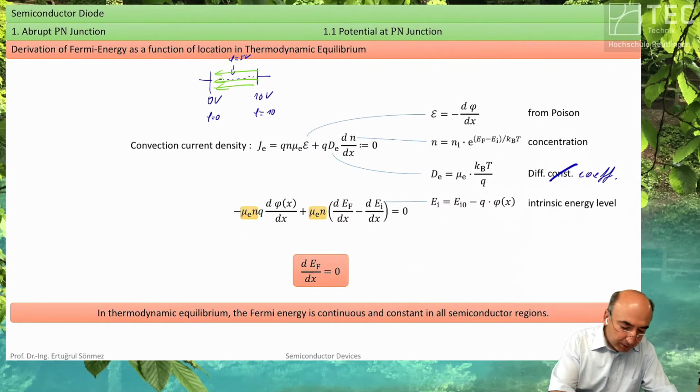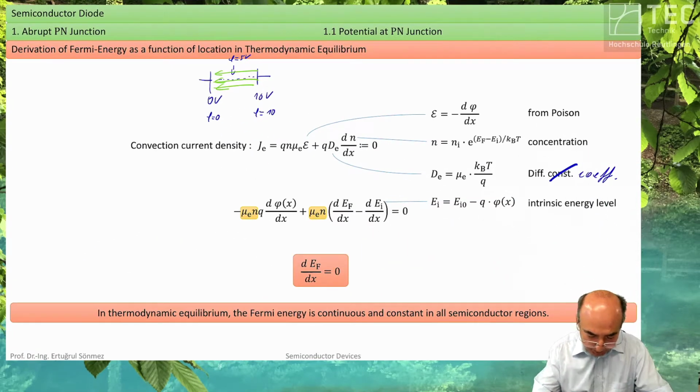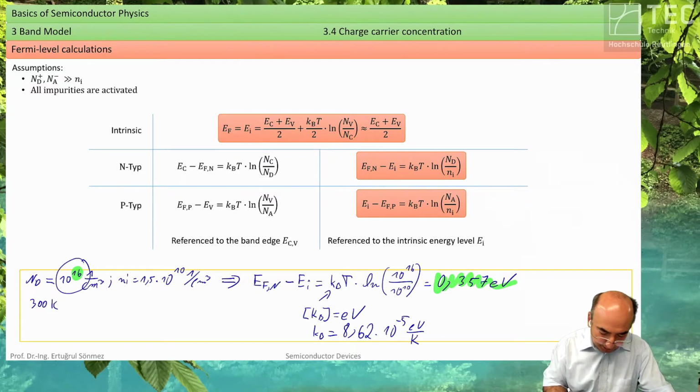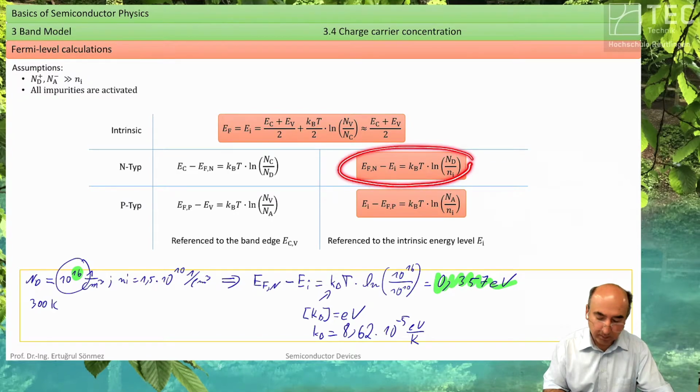You remember where we have had this equation in our lectures? It was some years ago. Here you have this statement at this location.